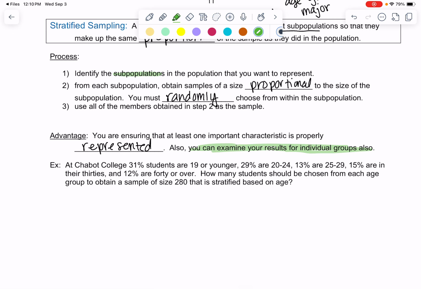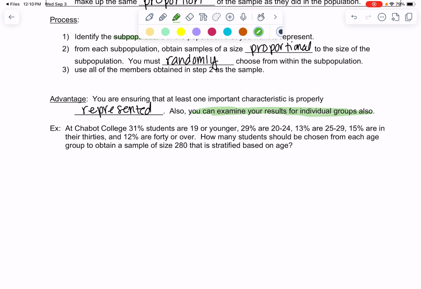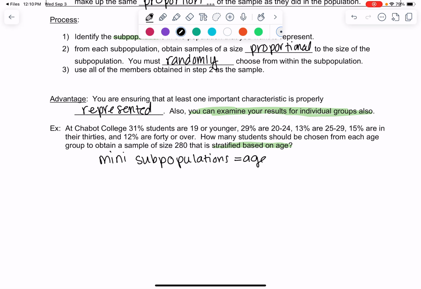So my example is we're looking at Chabot, and we want to stratify based on age, which means our little mini populations or our mini subpopulations are age. So it means we're going to have groups for each age. We'll randomly select, and then we combine them to make a sample.